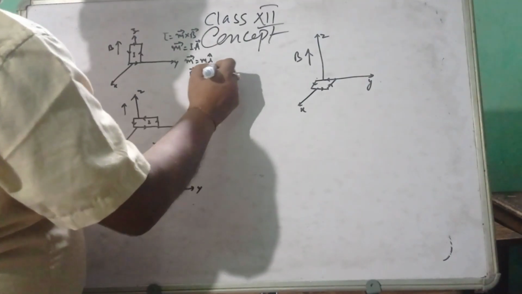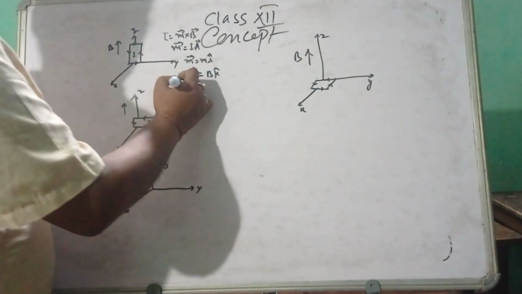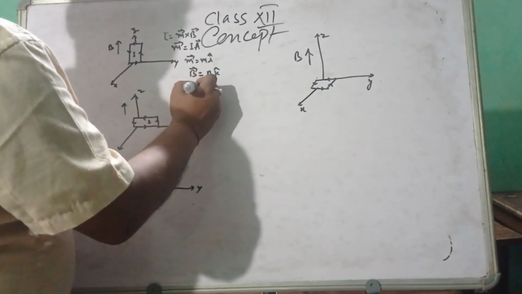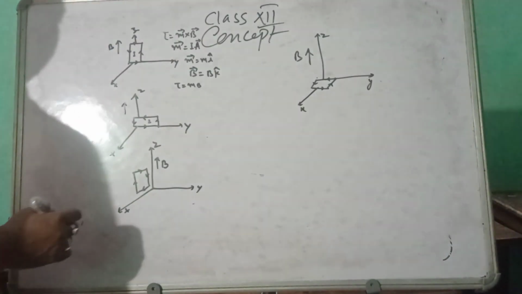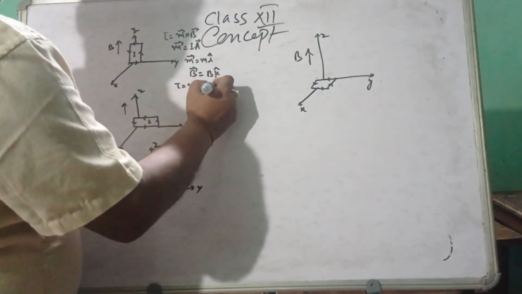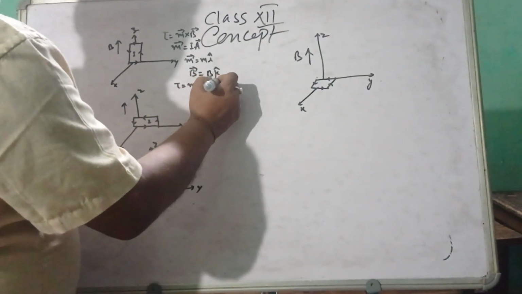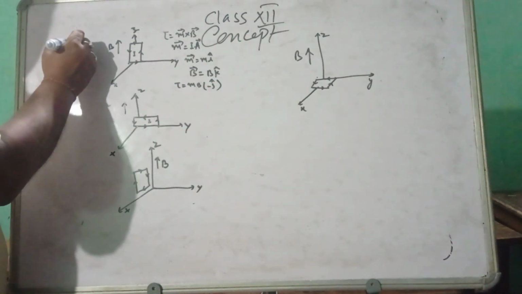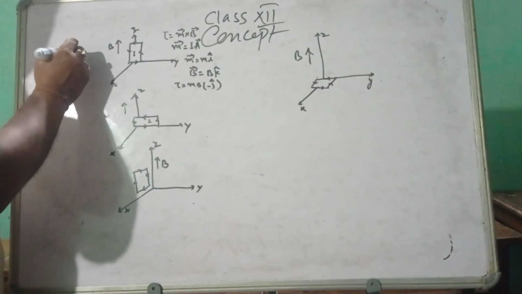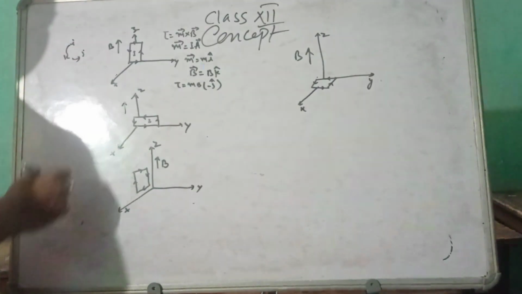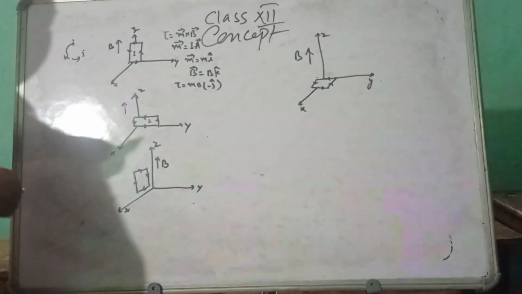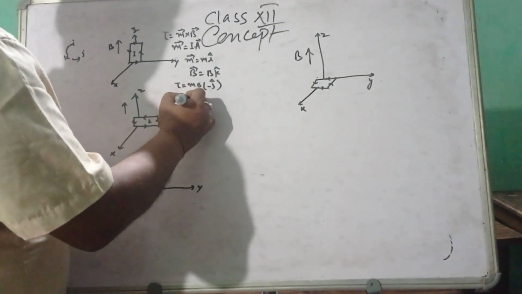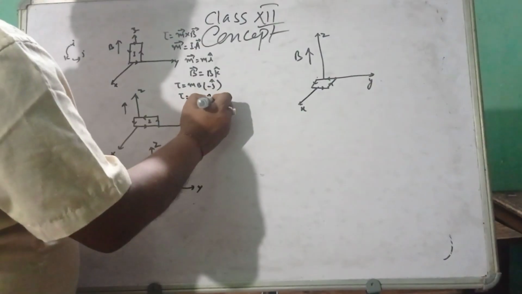Now when you multiply it, torque is equal to M B I cap cross K cap. Since I cross K, using I J K, it will be minus J cap. So the torque will be minus MB J cap.